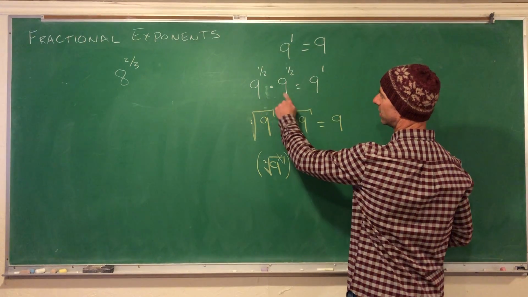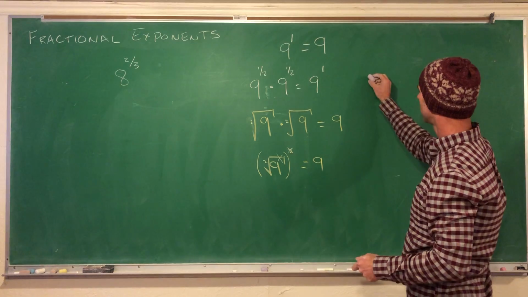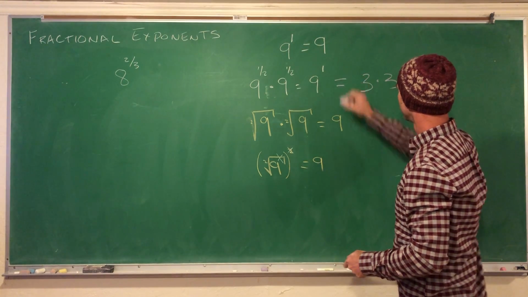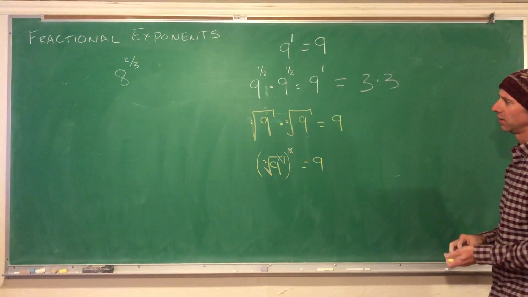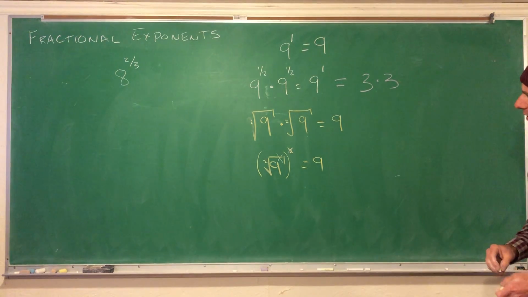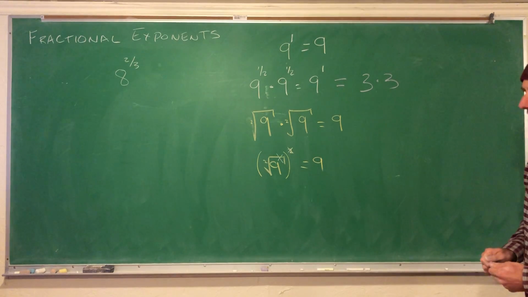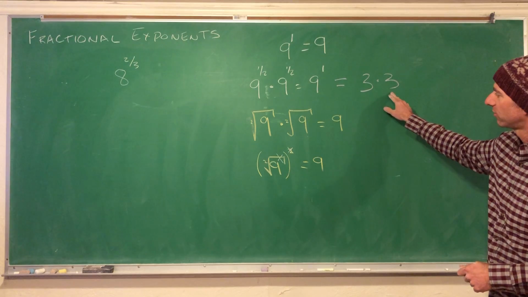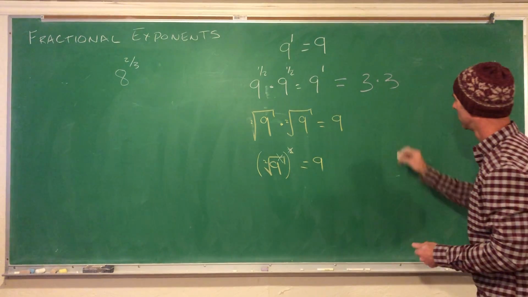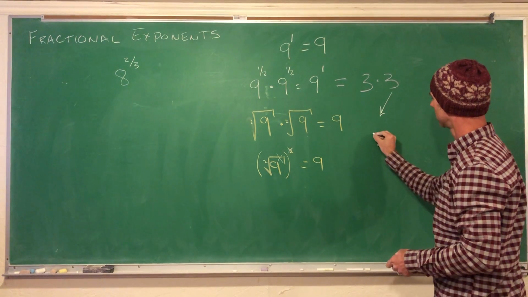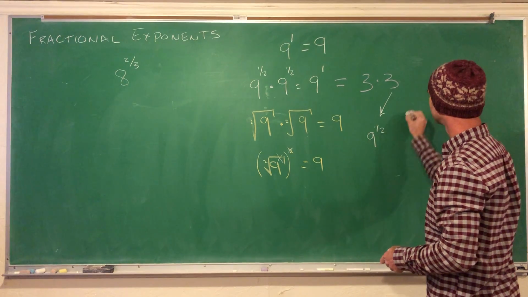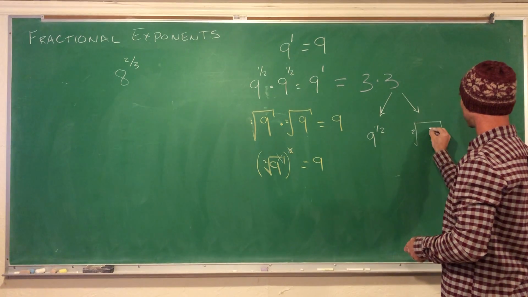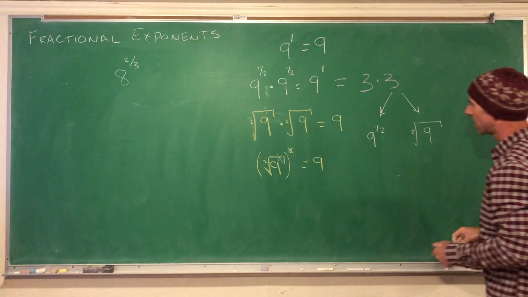Another way to look at this would be this way. What number multiplied by itself gives me 9? How about the number 3? 3 times 3 gives me 9. So now we have a couple different representations of the same thing. The number 3 I have represented a couple ways. I have it as 9 to the 1/2, and I have it as the square root of 9.